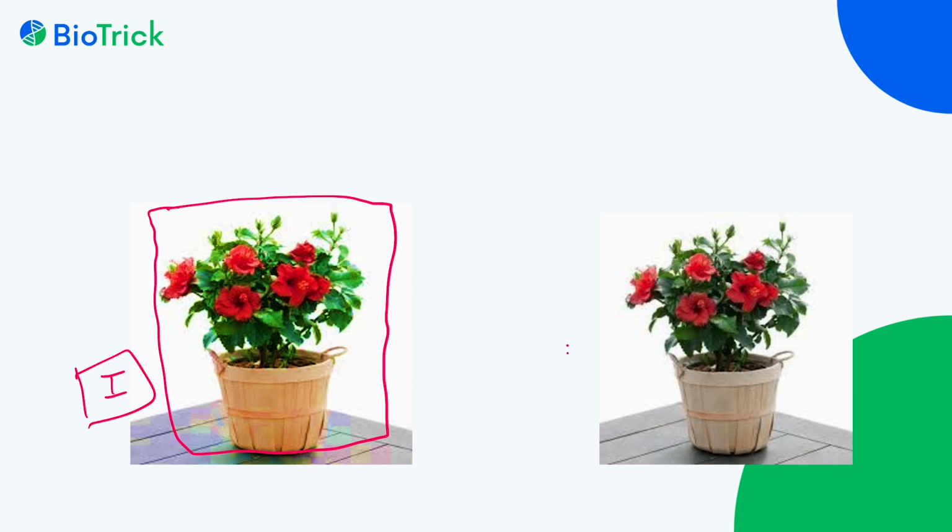Let's suppose this is one plant first and this is plant second. They both are of the same species. It is essential that they should be of the same species, otherwise the pollination will not occur and the pollen will die.